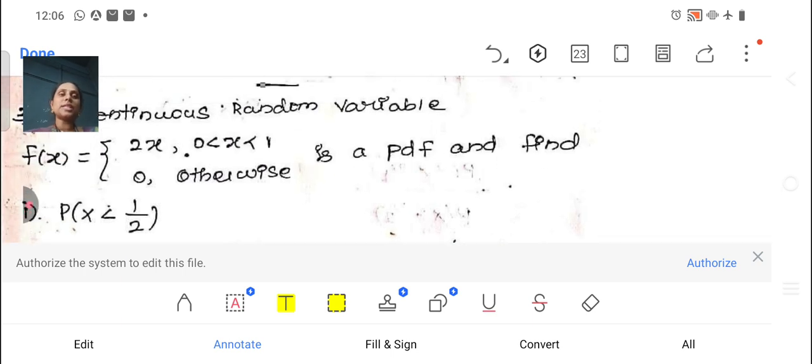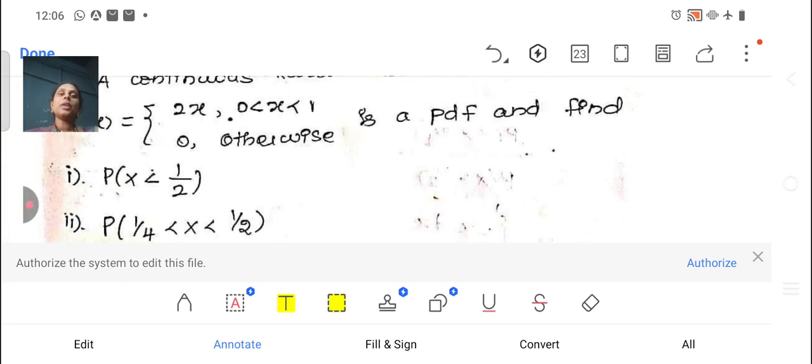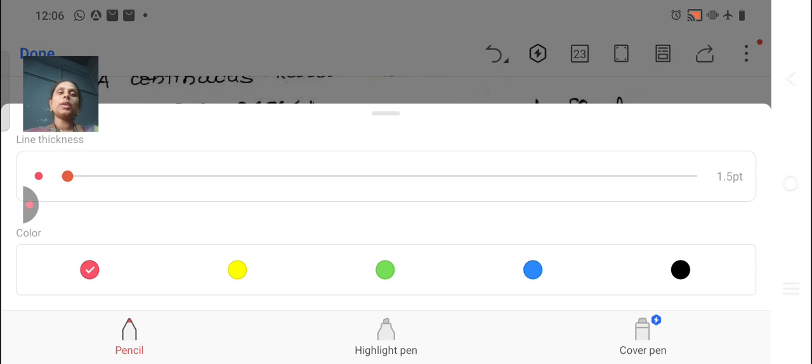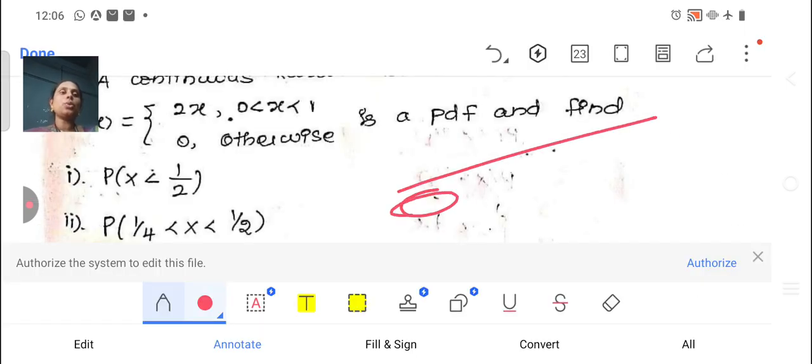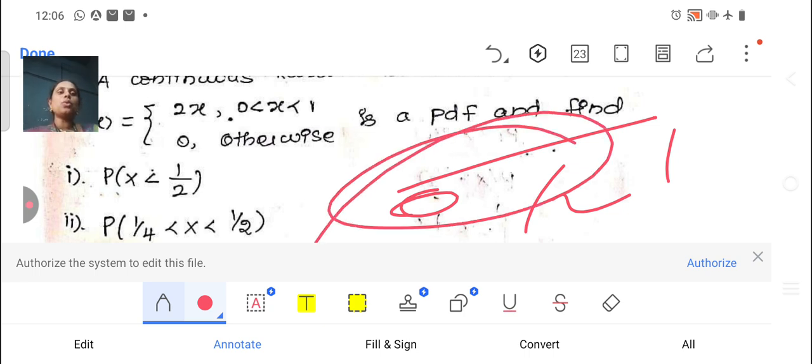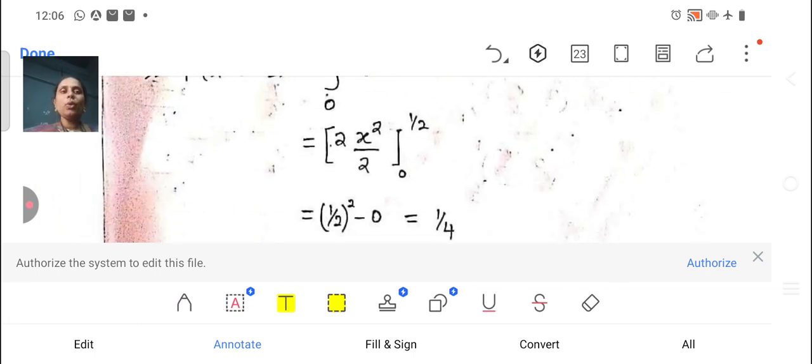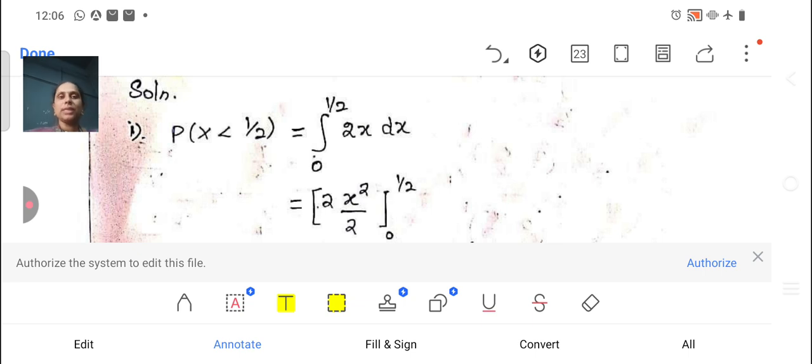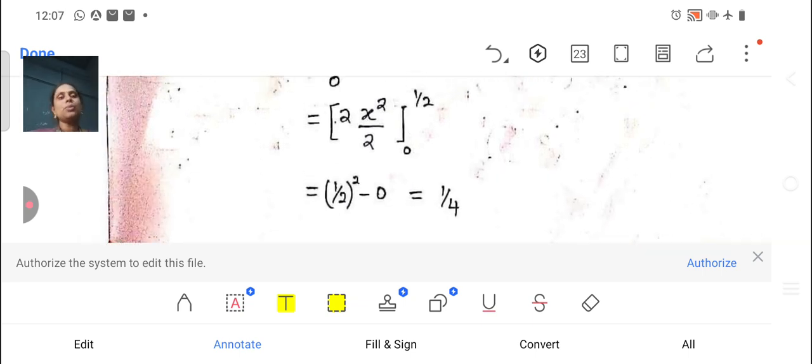Here the range is 0 to 1/2. First, in our question, x is less than 1/2, so we take 0 as the lower limit and 1/2 as the upper limit. So the integral from 0 to 1/2 of 2x dx, and after integrating the value is 1/4.